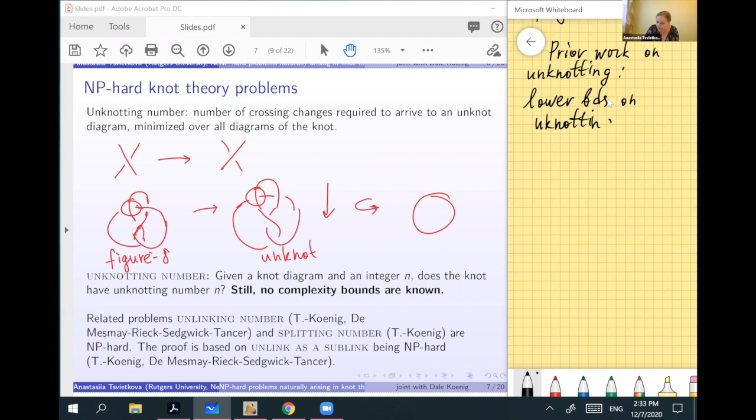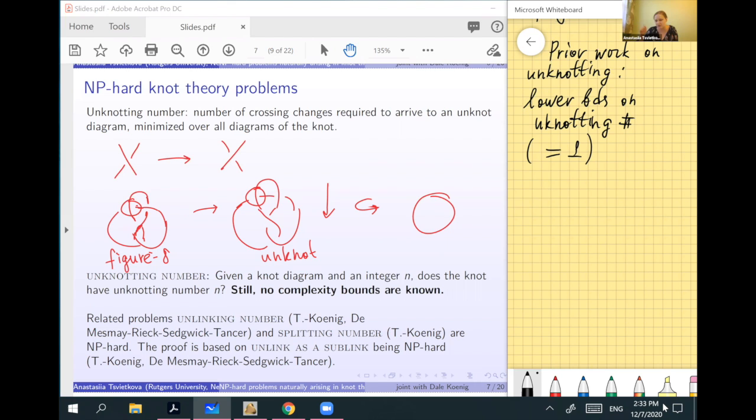And really, as far as I know, most of those bounds, except for I think one particular result, all equal 1. So you say that your lower bound is 1. All you're able to prove is that unknotting number is not 1. There is one result for torus links, which says what exactly unlinking number is, which depends on P and Q in the torus link definition.